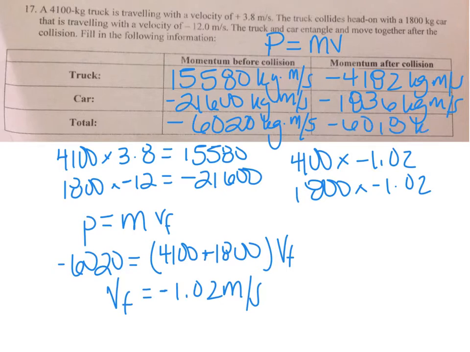Now you'll notice that the numbers of your totals are very similar. They actually are supposed to be very similar because we're conserving the momentum. We're saying all your momentum is the same before and after. Because of rounding our numbers, like we rounded it to 1.02, that's throwing it off a little bit.